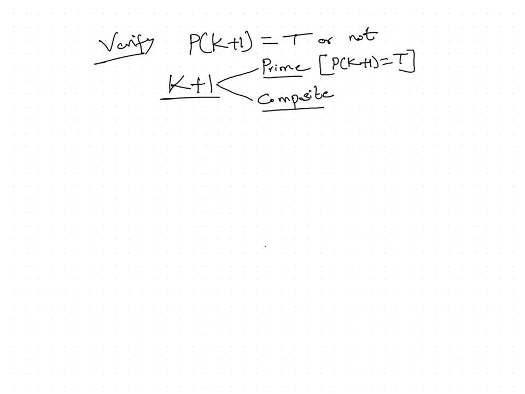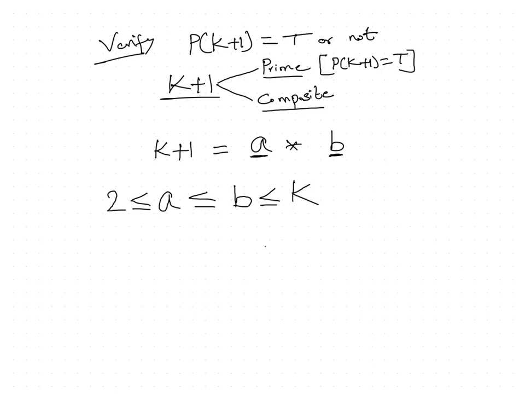Now what about the case of composite? So in the case of composite, I am writing k plus 1 is equal to the product of two positive integers. Let a and b be some positive integers. Now where do this a and b lie? Yes, this a and b lie inclusively between 2 and k.